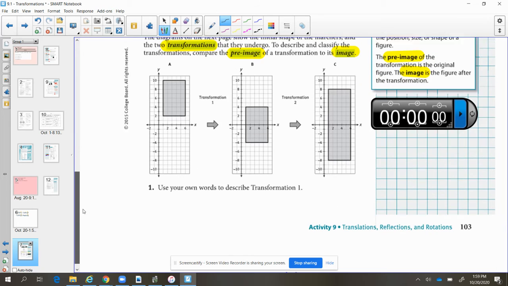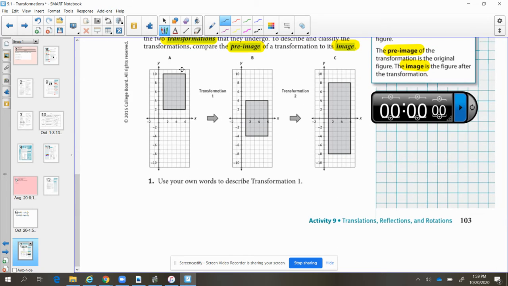Now, in your own words, describe what kind of transformation happened from A to B. What you probably said is that this is a slide or a movement down of our picture, a movement down on our coordinate graph.